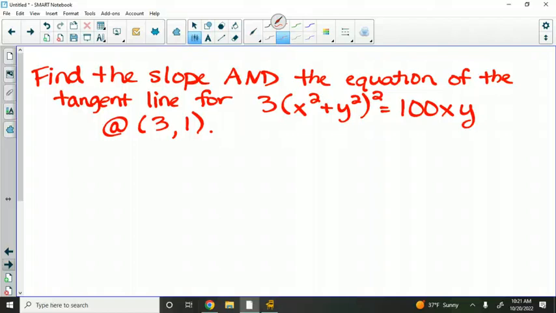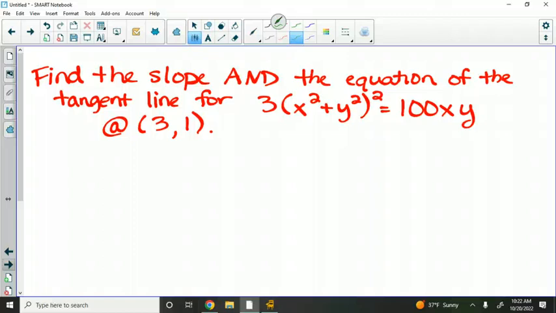Chain, and on the right-hand side, product. Woo, yay. This will be review from what we just took a quiz on. Okay, so it's still an equation, still implicit. We're still going to work our way left to right.